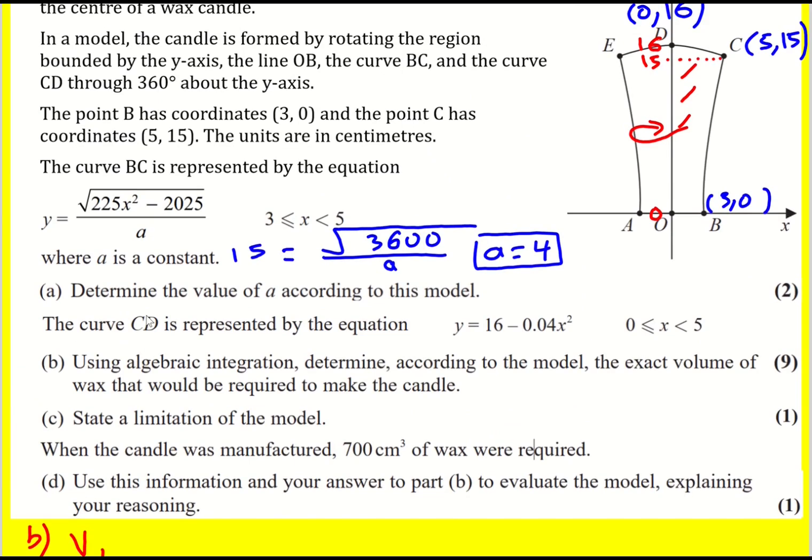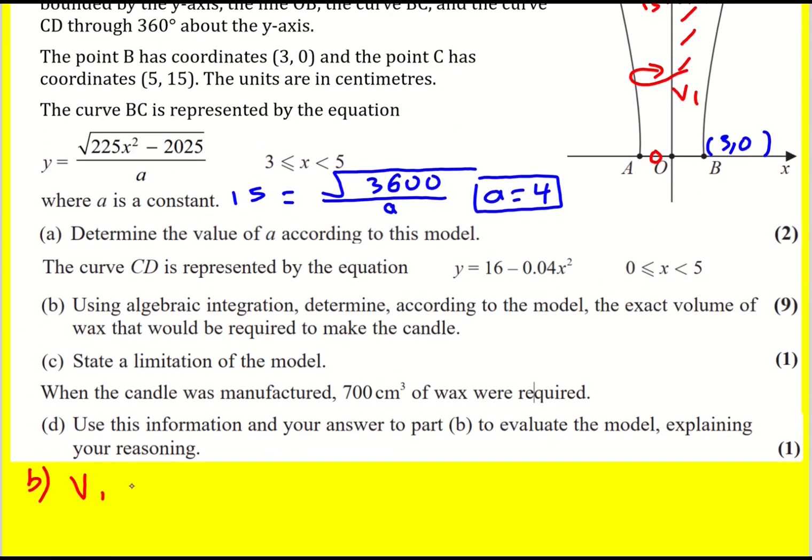So I'll call the first one V1 and the second one V2. So V1 is going to be the integral from 0 to 15 of pi x squared with respect to y.